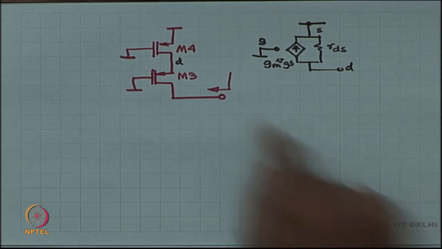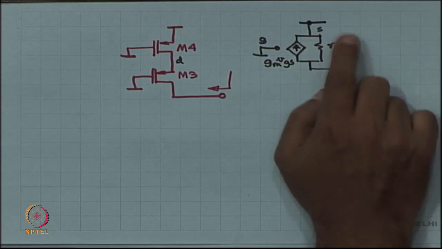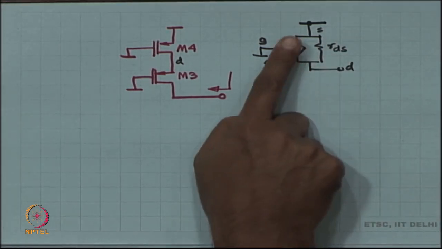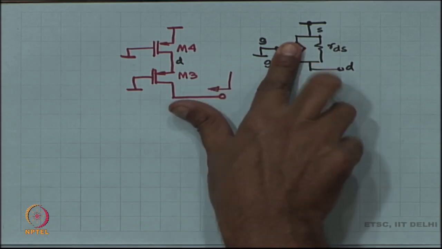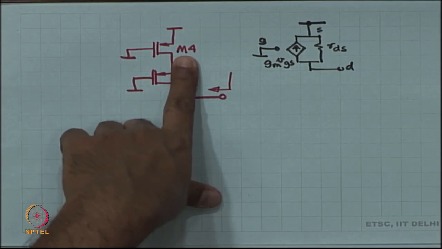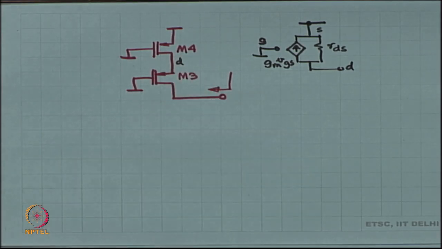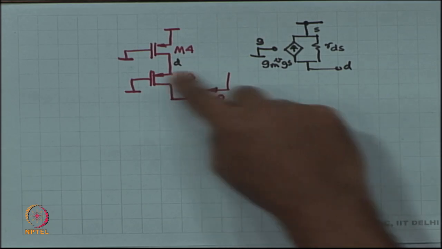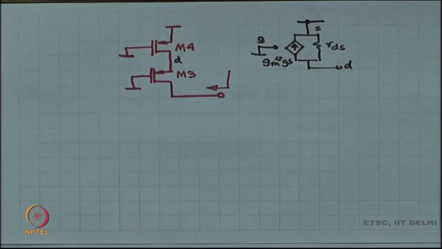What this means is that the gate is at ground, the source is at ground, therefore this gm vgs is useless, it is not doing anything, which means between drain and source all you have is rds. So M4 is nothing but rds4. Then you are looking into the drain of M3, whose source is terminated by rds4. Use the formula to find the impedance looking in.